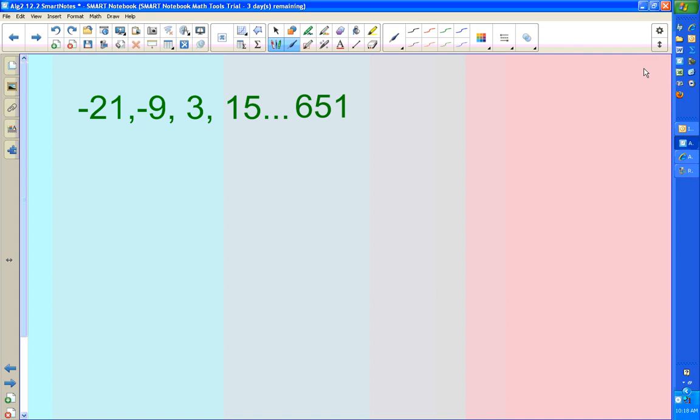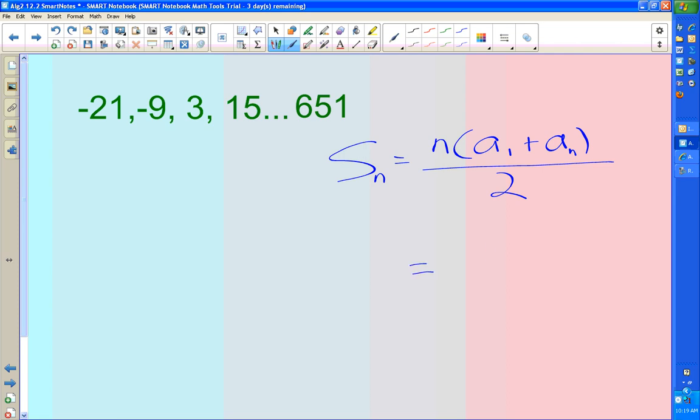If you start to find the sum, S sub n is equal to n times a sub 1 plus a sub n all over 2. That's the formula you want to use. When we're finding the sum, a sub 1 is negative 21 plus a sub n, 651, all over 2.